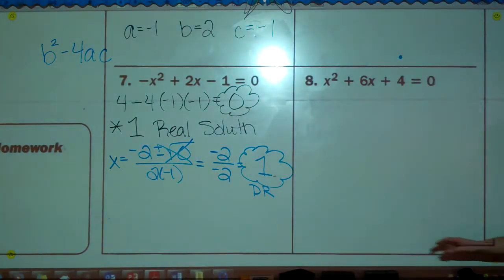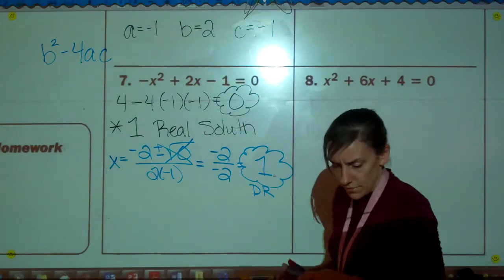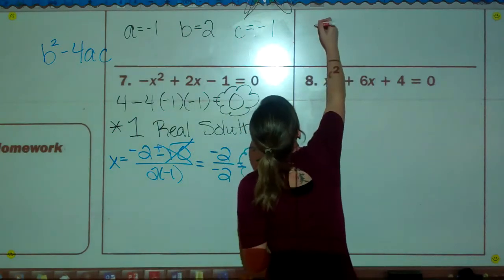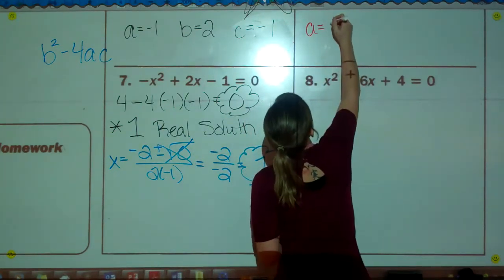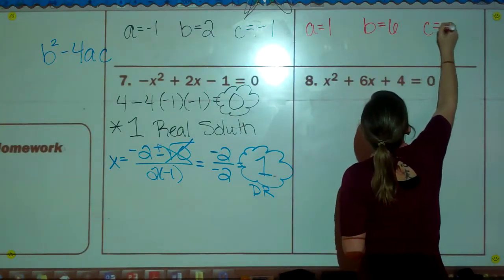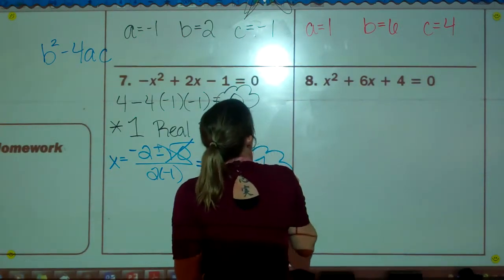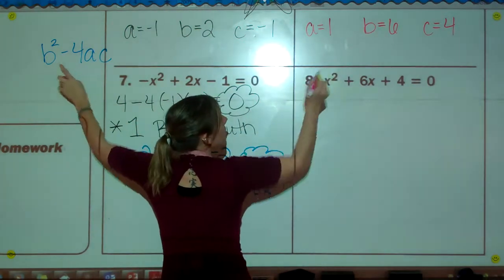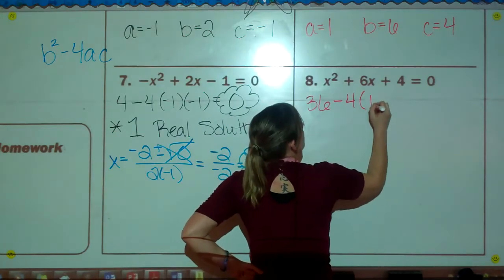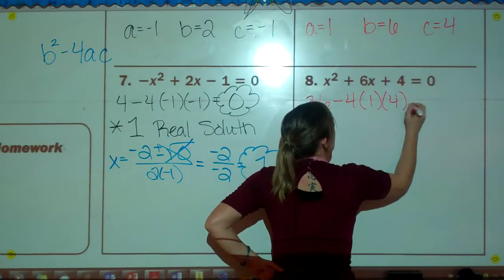All right, so this last one is, let's see, A is 1, B is 6, and C is 4. So B squared, so 6 squared is 36, minus 4 times 1 times 4.